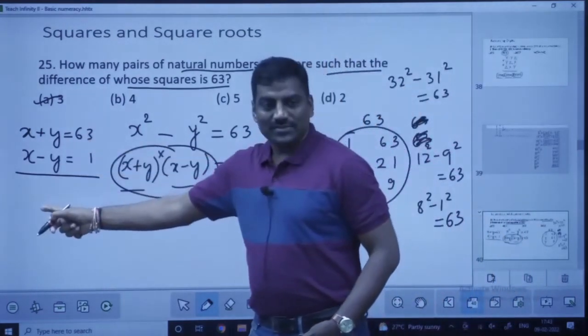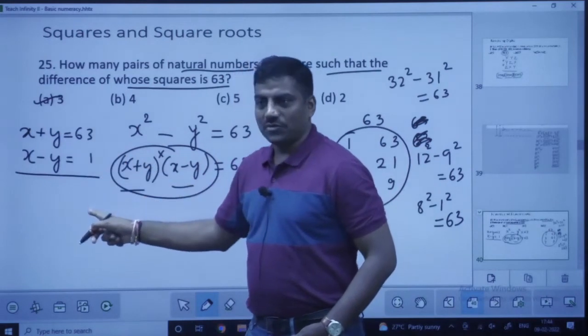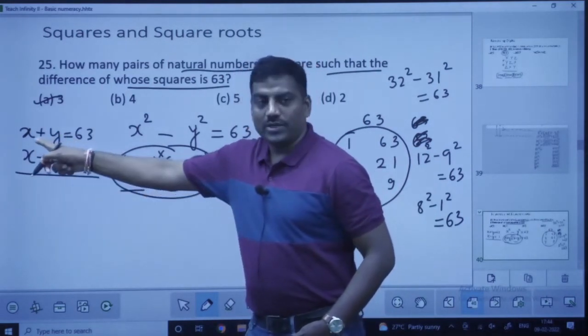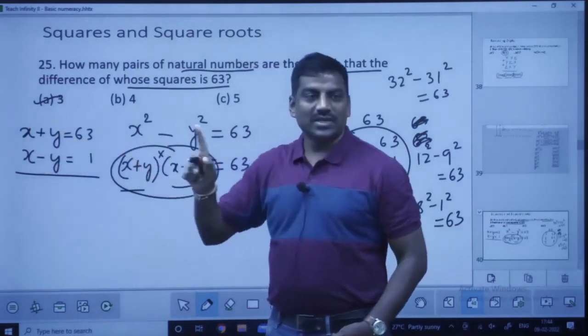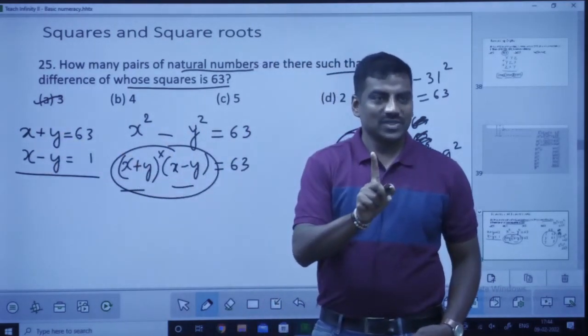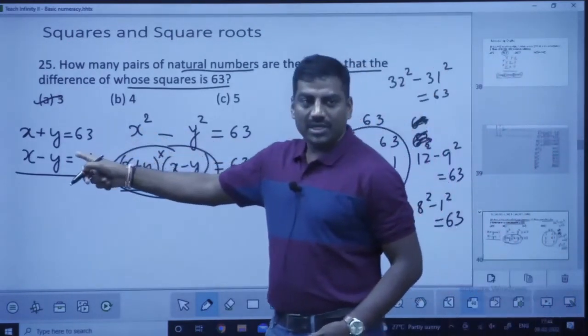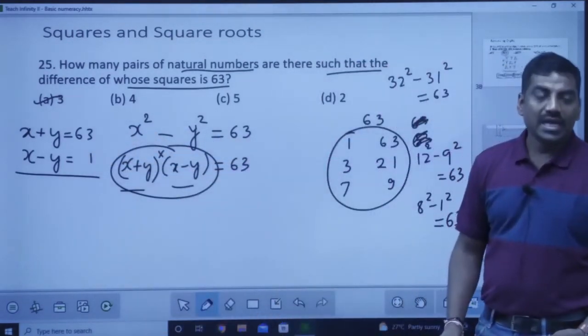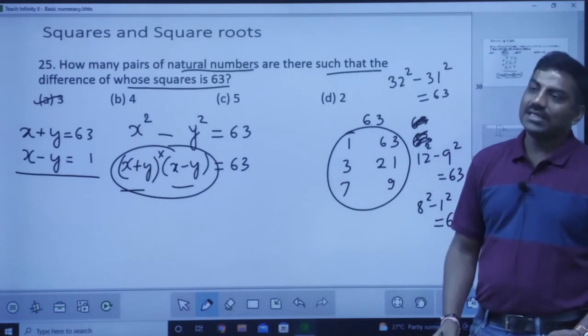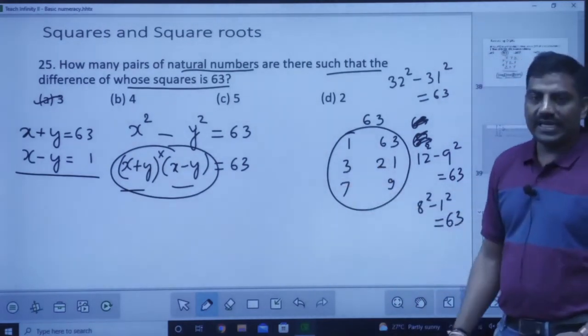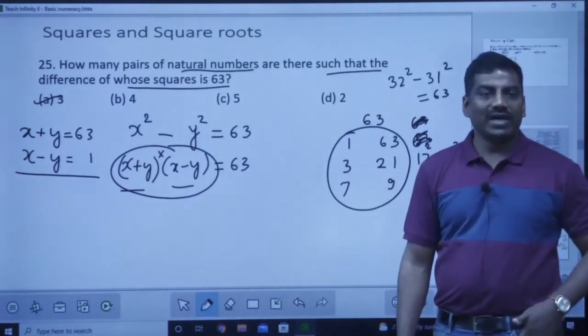This will get cancelled. 2x is equal to 64. So x is equal to 32. When x is equal to 32, y is equal to 31. Similarly, when you put this 21 and 3 here, you will get the value of x as 12 and the value of y as 9. Similarly, when you put 9 and 7 there, x value is 8 and y value is 1.